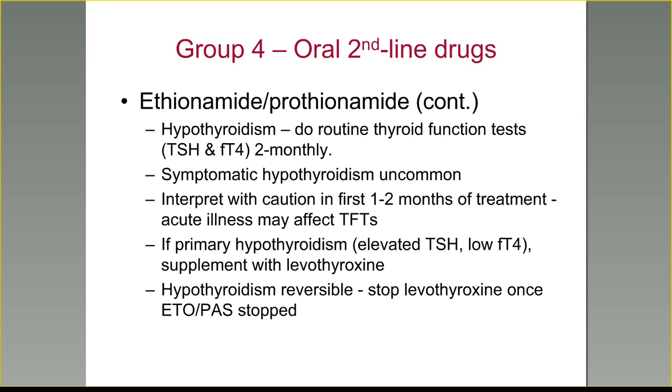And after we have started the treatment, we usually do 2 monthly TSH and free T4 levels in the children to see whether we have an increase in the TSH and a decrease in the T4. With just an increase in TSH, we will not supplement, but usually if the free T4 decreases, then we will supplement, because the thyroid hormone is important for children's normal brain development.